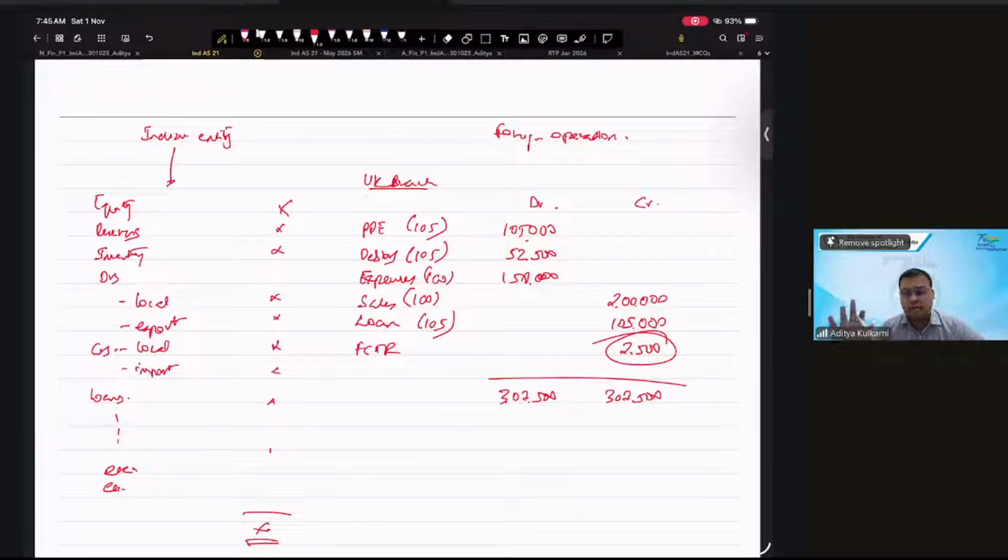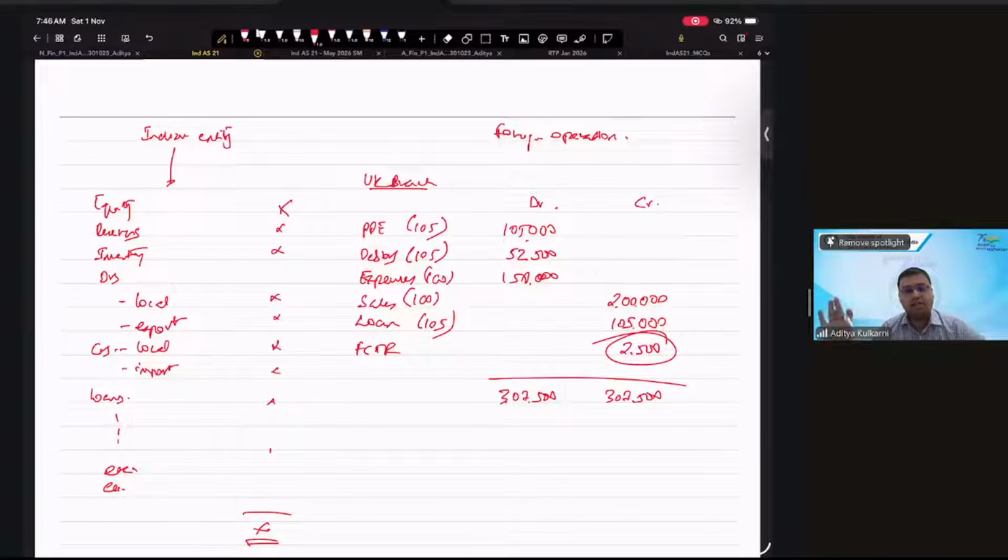So now you tell me, even though it is sitting in reserve, is there a possibility of this unrealized reserve getting realized at some point in the future? Come on. There is.